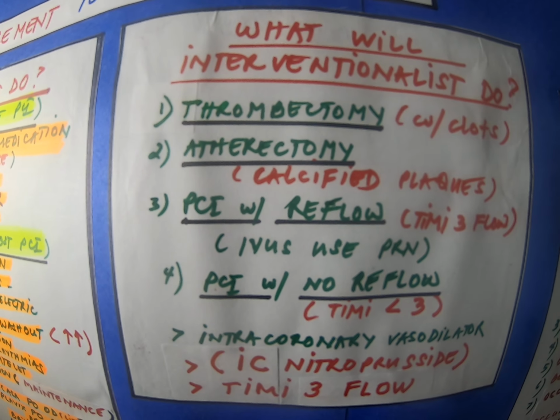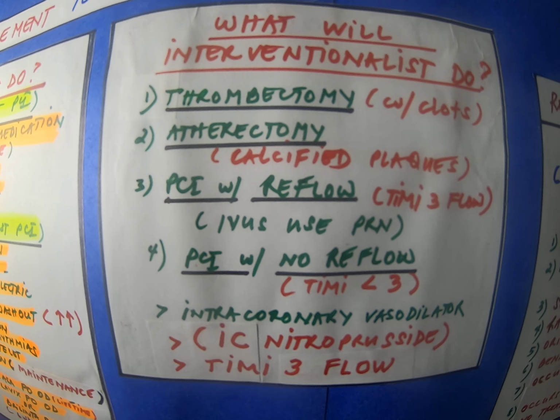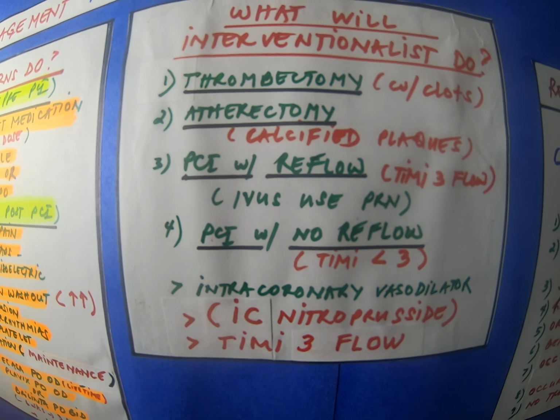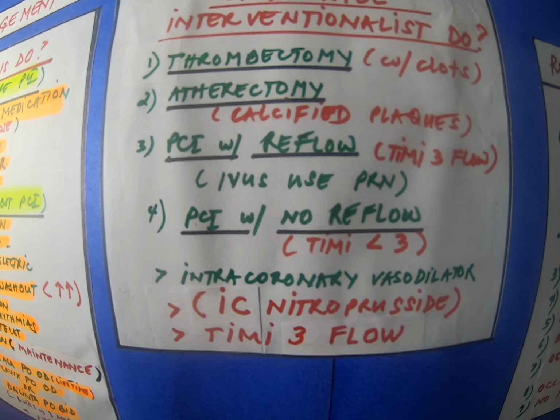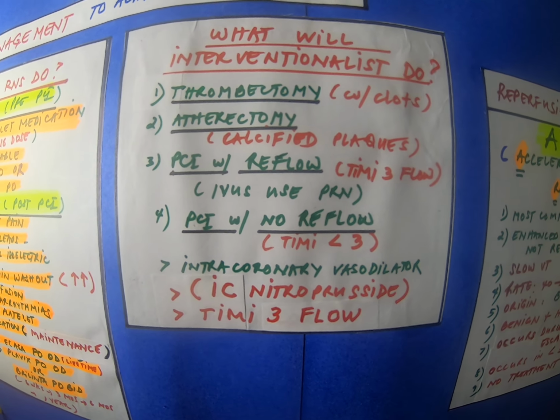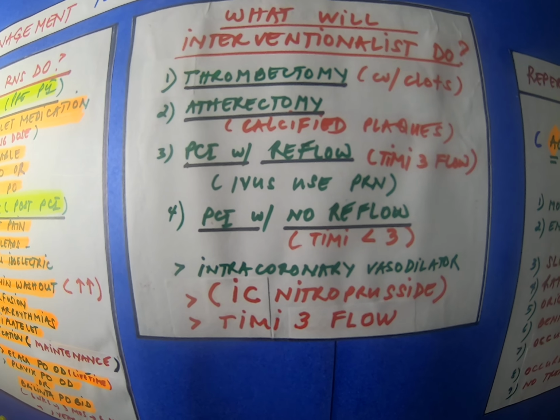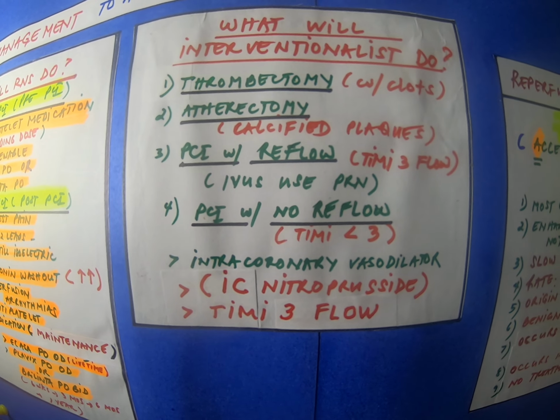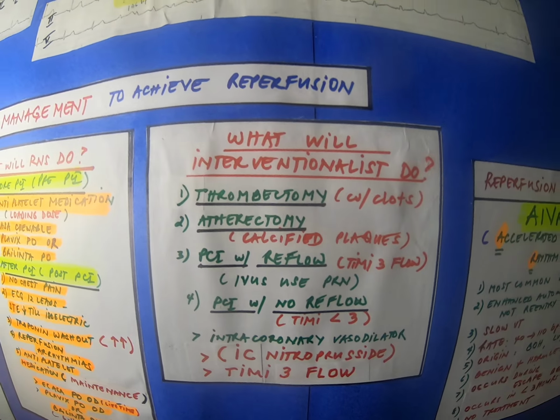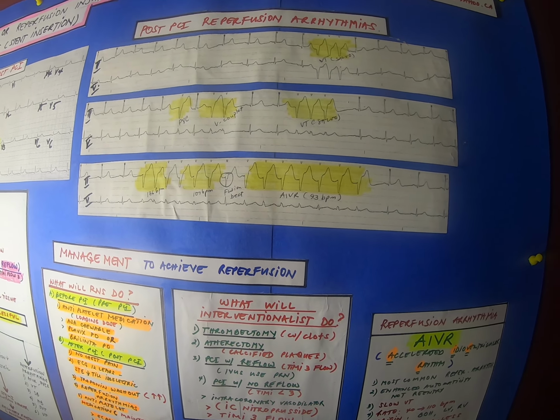But sometimes if there's no reflow and the TIMI flow is less than 3, the interventionalist will inject an intracoronary vasodilator, commonly nipride or nitroprusside, until a TIMI 3 flow is achieved, and that is a success. So that's about it, and thank you.